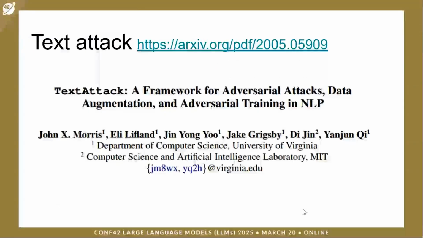Finally, I'm going to comment on a tool designed for adversarial attacks, data augmentation, and model robustness testing in natural language processing. Basically, TextAttack is a framework for testing adversarial attacks using techniques like data augmentation in natural language processing.